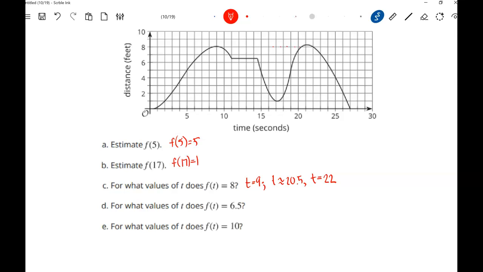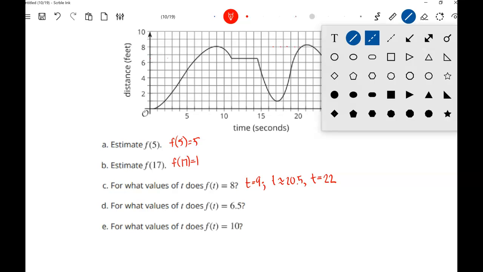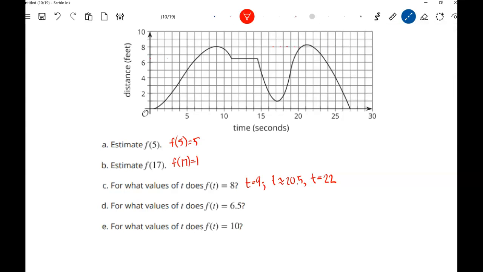This one says for what values of t. So this is when is he 6.5 away from his bike. 6.5 is right here. I'm going to do a dotted line. Here's 6.5. So let's see when he is 6.5. Here's 1. And then he's 6.5 feet all the way there, there, and there.